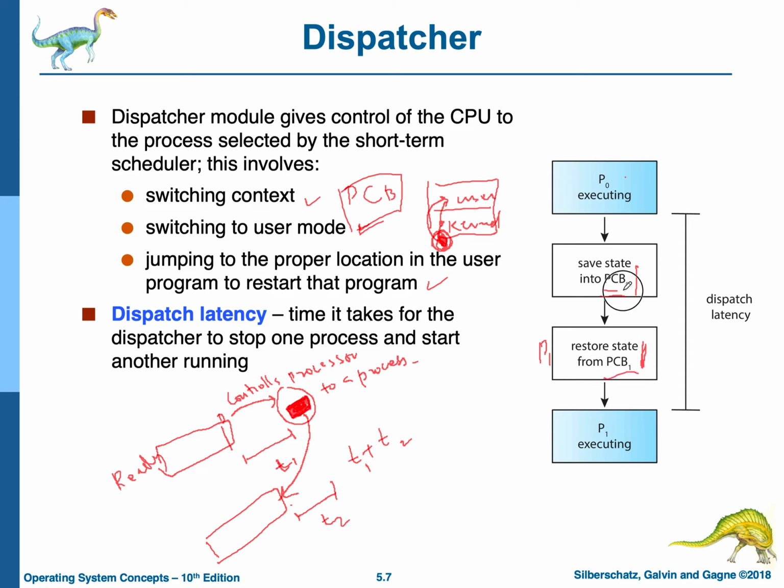This is PCB0 which belongs to process 0, and this is PCB1 which belongs to process 1. The time taken for restoring the state from PCB1 is also counted, and once P1 starts executing, the dispatcher time is over, right? So from here to here, the time taken is the dispatch latency. Latency means the delay. How much delay is involved when we are switching between the processes, right?